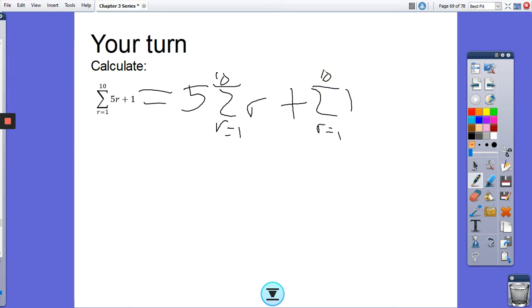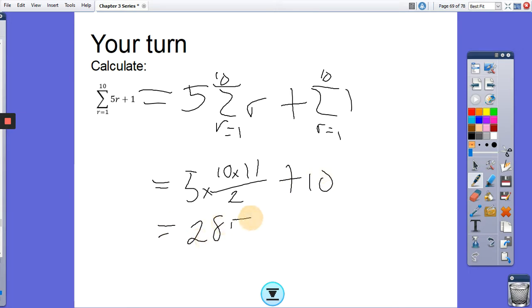So you've now got 5 times 10 times 11 over 2, because it's n times n plus 1 over 2, plus 10, which is 285. Okay, hopefully you got that right. Those examples, I hope, are relatively straightforward.